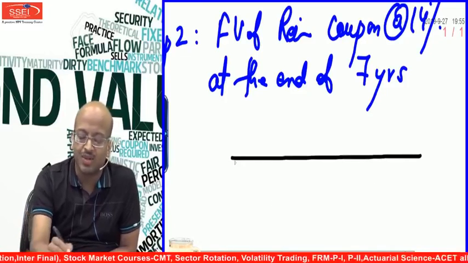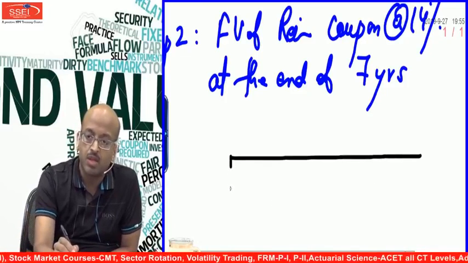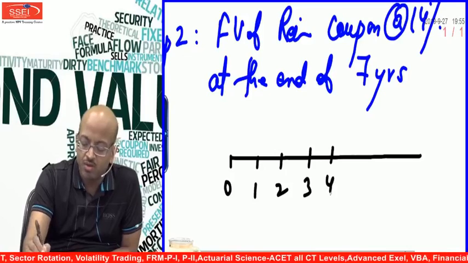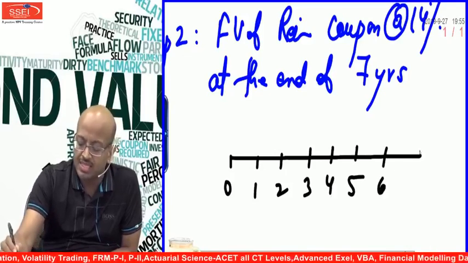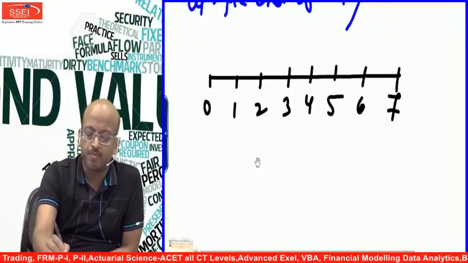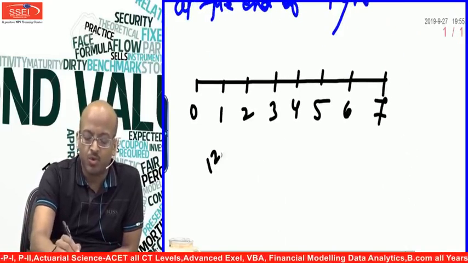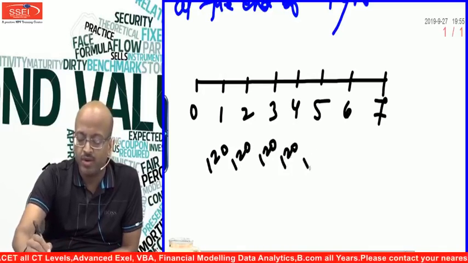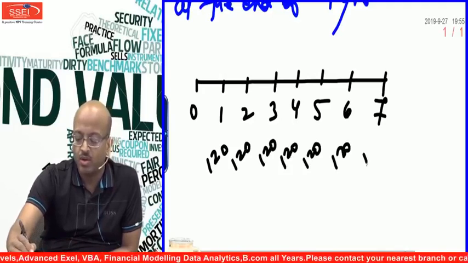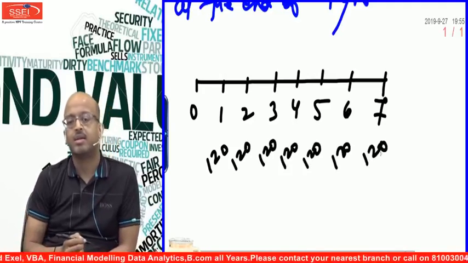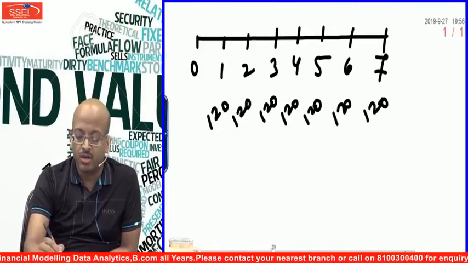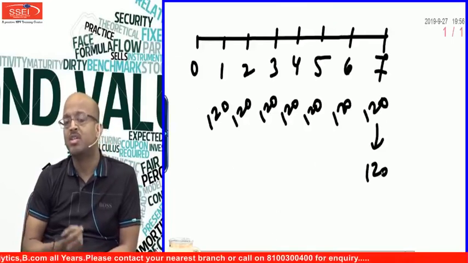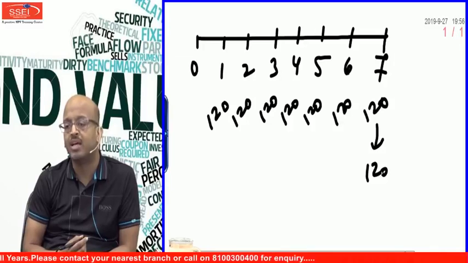So in that case, just 1 second, please draw. 0, 1, 2, 3, 4, 5, 6 and 7. Please draw this. This is 120, 120, 120, 120, 120, 120, 120. The seventh 120 remains 120. I hope you are fine. Because how can you reinvest that? The story ends over there.